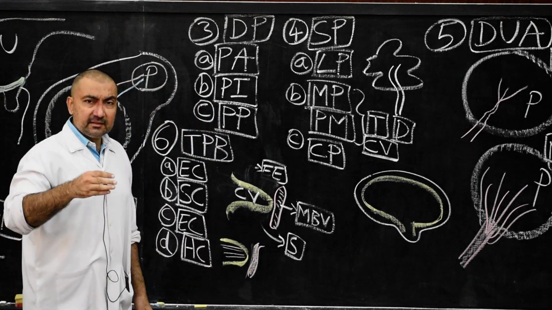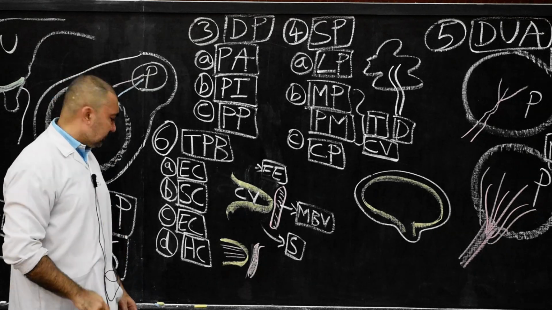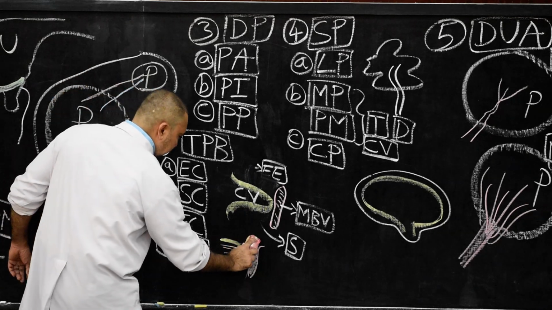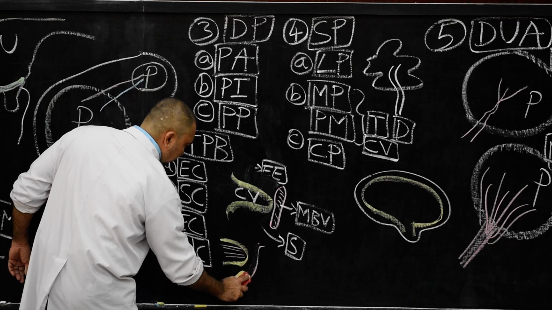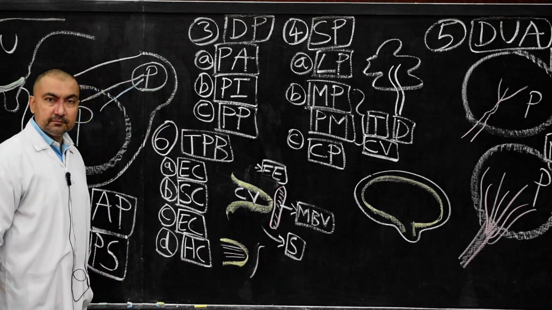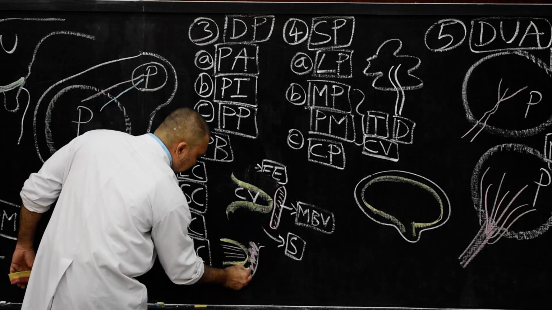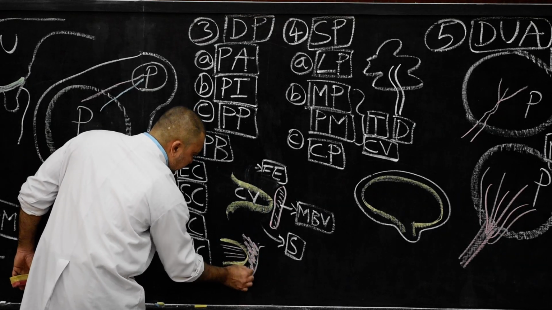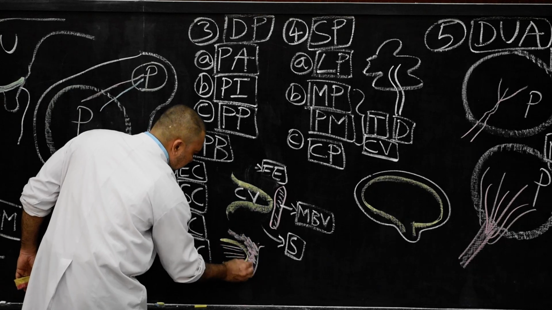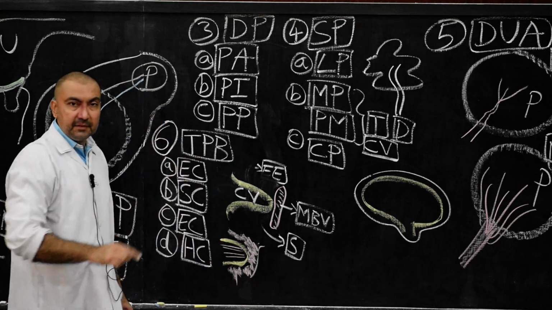And in this, the endothelial lining of the maternal blood vessel will be lost. So therefore, this will be directly maternal blood, which will come in approximation with the fetal part of the chorionic villi.